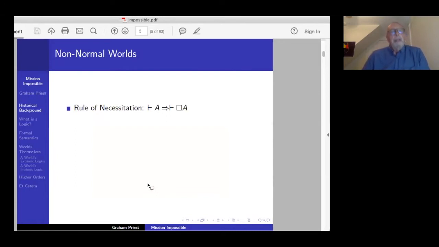And after the first couple of papers by Saul, he came up with semantics for S2 and S3, which were non-normal. And these deployed a new kind of world, which he called non-normal. The trick was to get necessitation to fail. And he did this by allowing the truth conditions of modal formulas to behave differently. So at the normal world, the truth conditions involved a binary accessibility relation, but at non-normal worlds, they were given differently, in fact, in blanket terms.